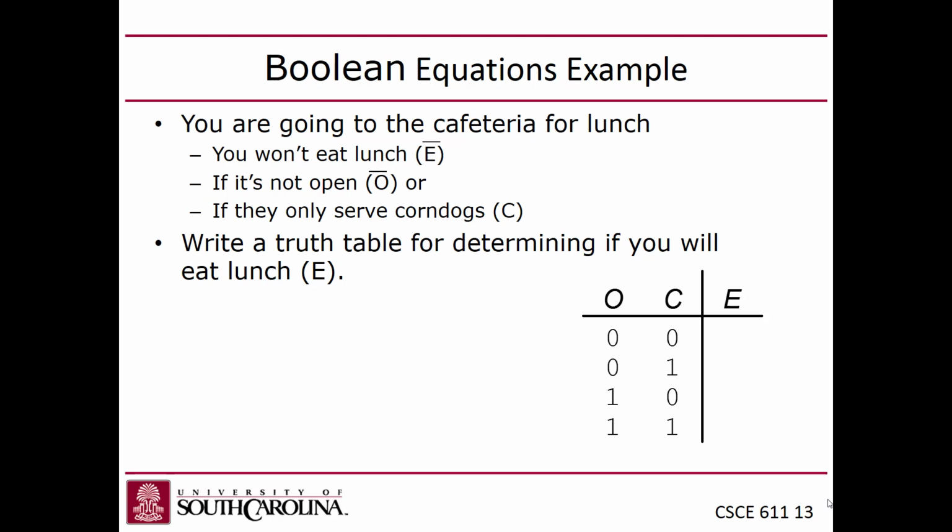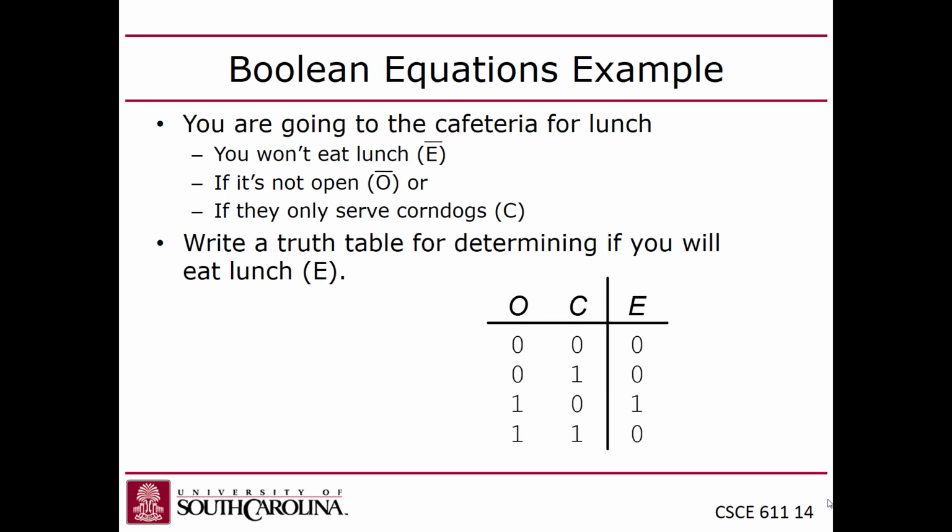So we want to put zeros in the output column for every row where O is 0, so that would be the first 2 rows, right? Or if C is 1, which would be the last row. So the output here should be 0, 0, and then a 1, and then a 0.